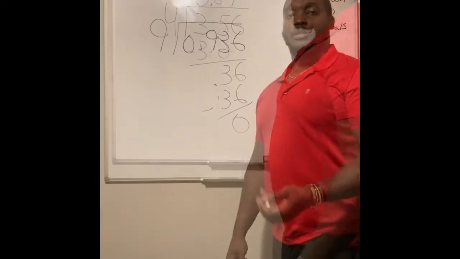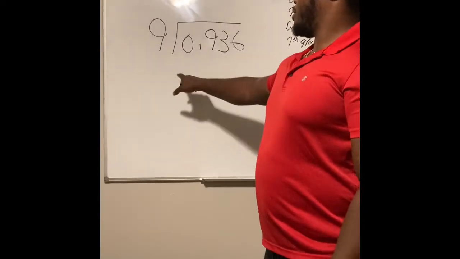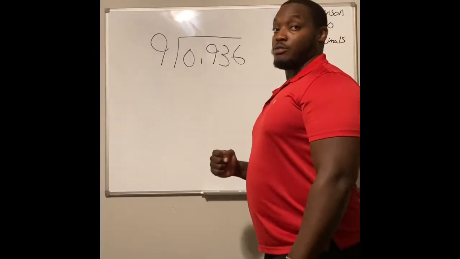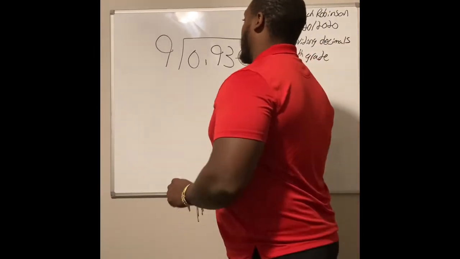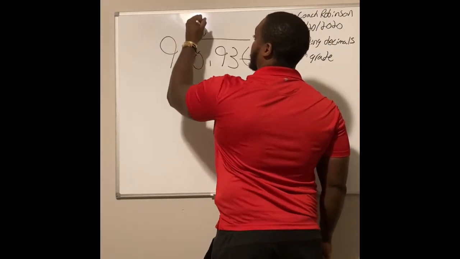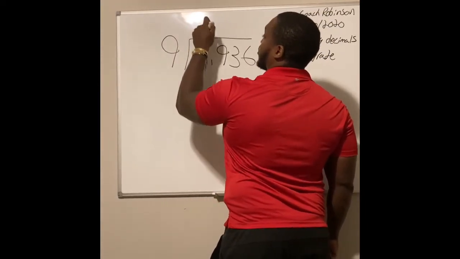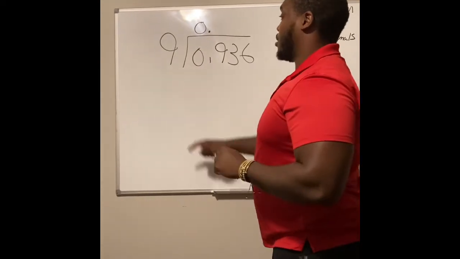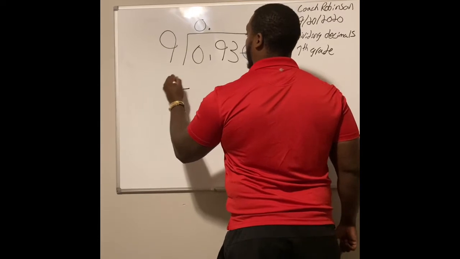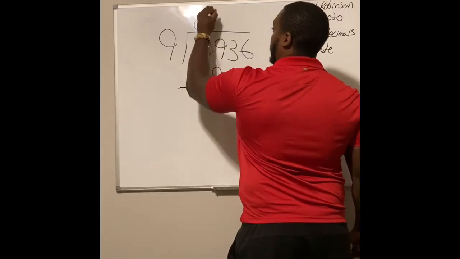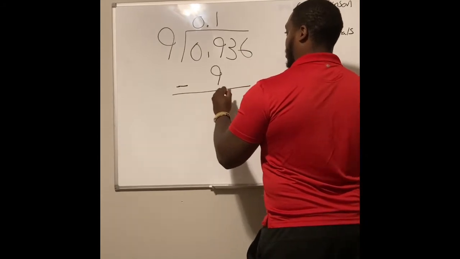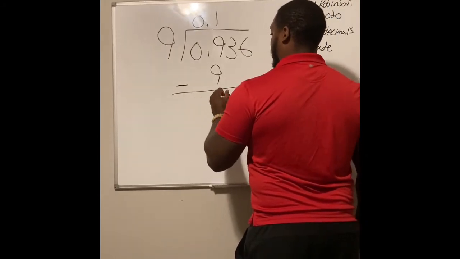Now let's do another example. Let's do 0.936 thousandths divided by 9. Okay, we know 9 cannot divide into 0, so therefore your 0 goes here. You put your 0 up. You always put your decimal next to it. Now 9 can divide into 9, so we're going to minus 9 and put our 1 up here. So this turns out to be 0, right?